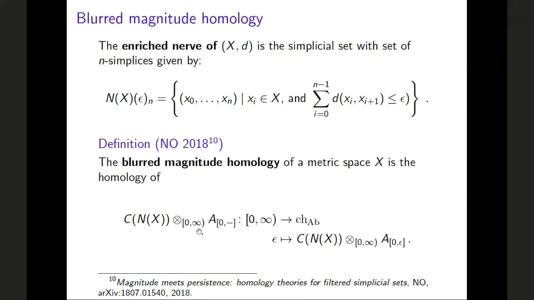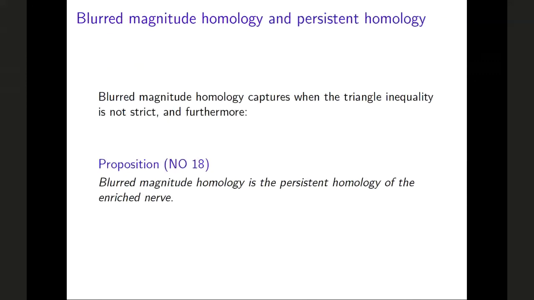And something I have not said here is that there is actually really a twist, because to have this coend construction, one needs these two functors: this functor C of X, and the functor of coefficients, to have opposite variances. And then the name blurred magnitude homology is justified because this blurred magnitude homology really captures when the triangle inequality is not strict.